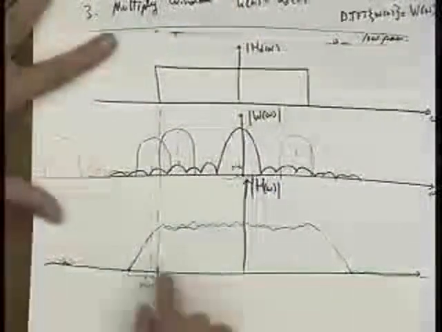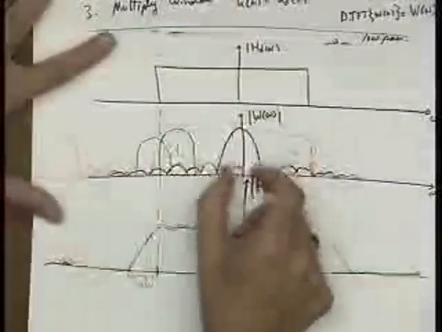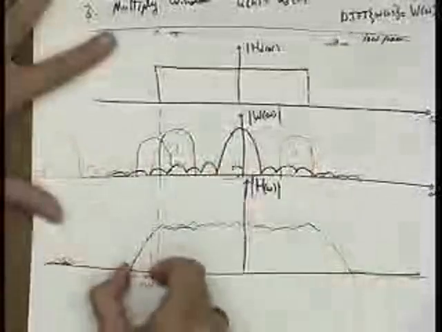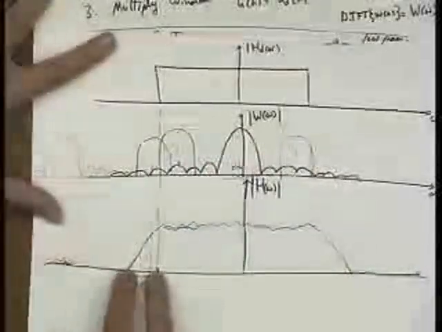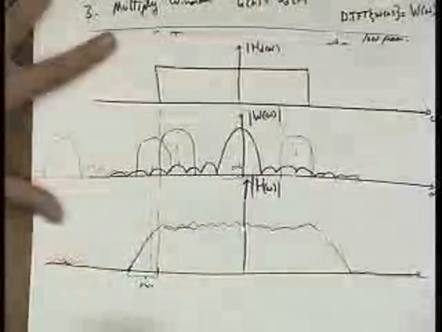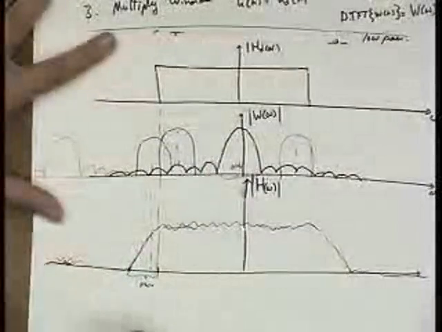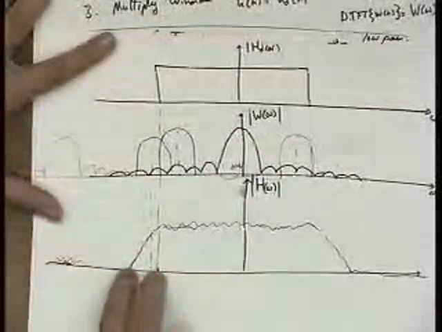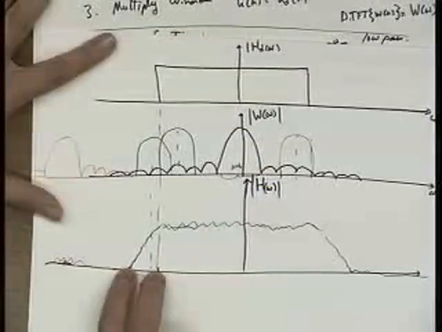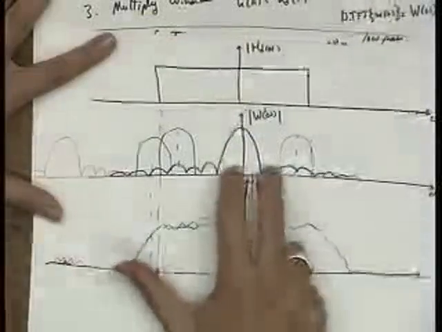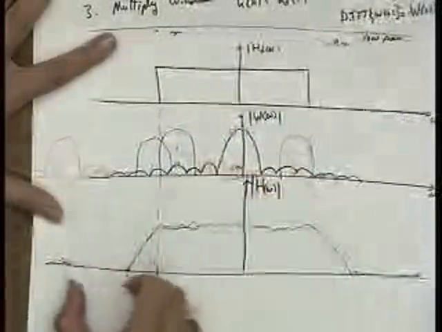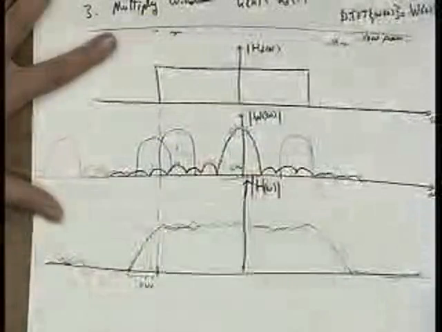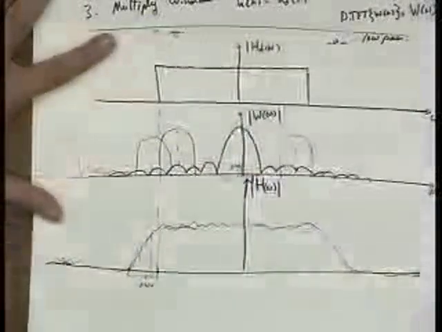No. Because this thing has non-zero width, it does not have an infinitely sharp transition. It has a transition width. And what is this transition width proportional to? What affects the width of this transition? Yeah, the width of this main lobe. The fatter this guy is, the longer it takes for this thing to go from 0 to 1, just because of the way convolution works.